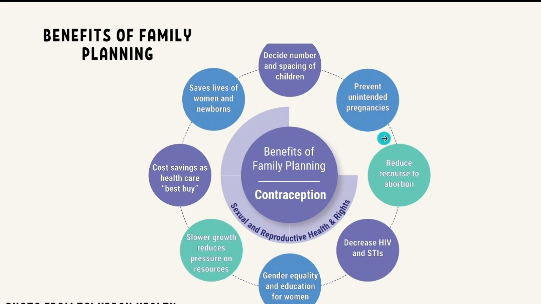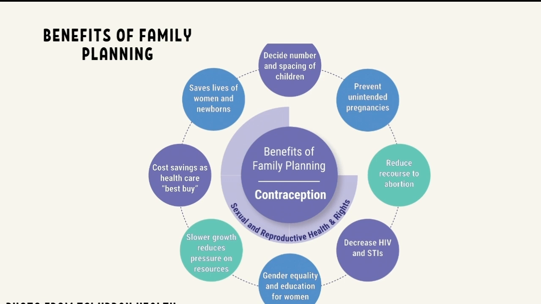It also reduces the recourse to abortion. These are both connected, because with an unintended pregnancy, they say, I don't want a child, I will get an abortion. If you do family planning, you won't get pregnant unintentionally, which reduces the opportunity to go get an abortion.